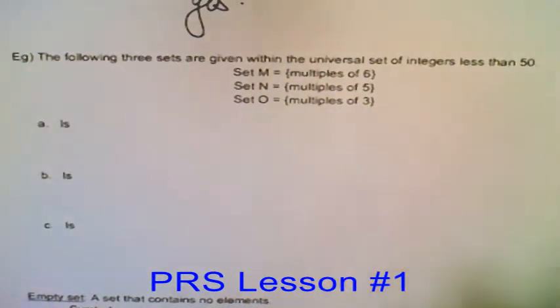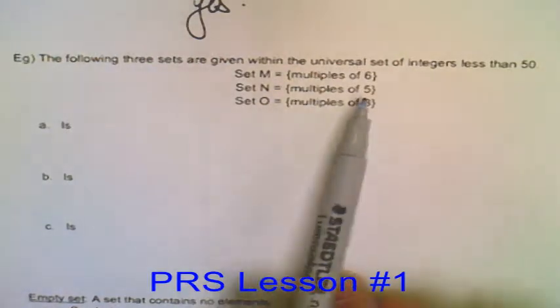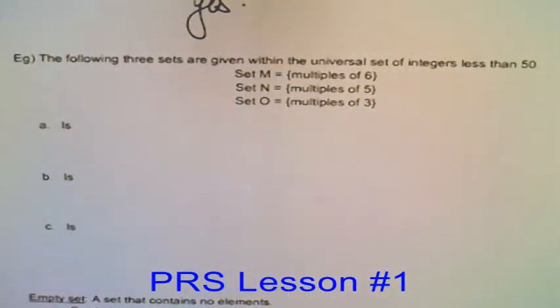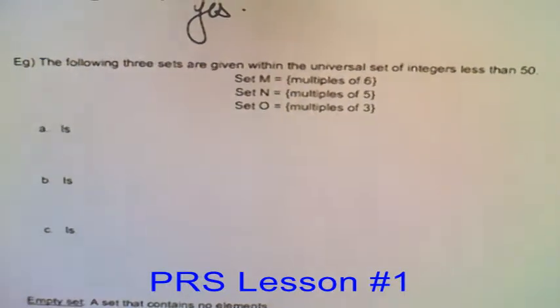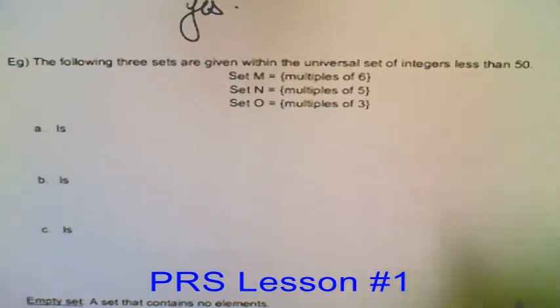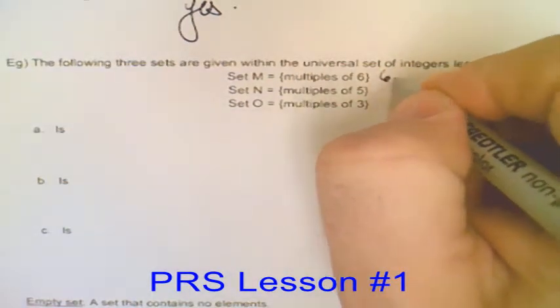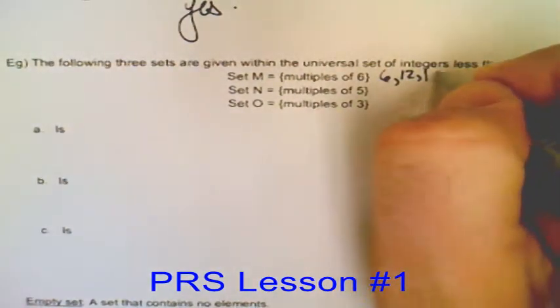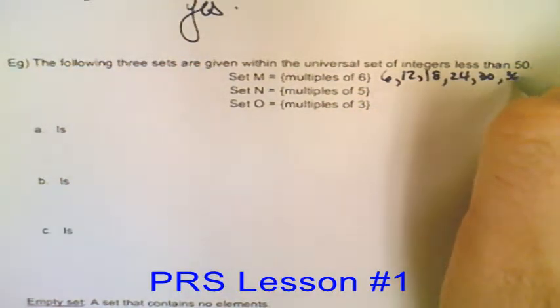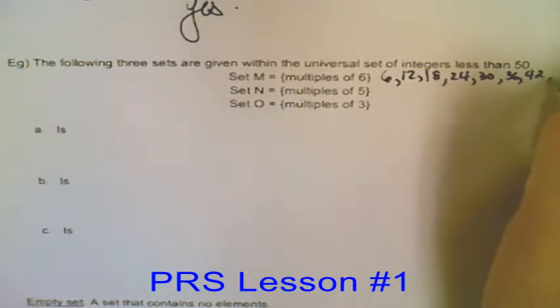So when I talk about these things here, then you can get into this idea. In the following 3 sets, set M is the set of multiples of 6 less than 50. The universal set is integers less than 50. So that's how far I'm going. N is the multiples of 5 less than 50. And O is the multiples of 3 less than 50.